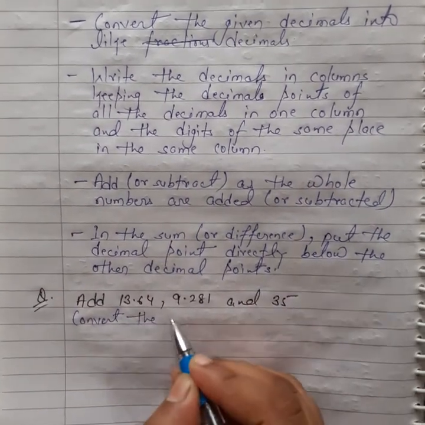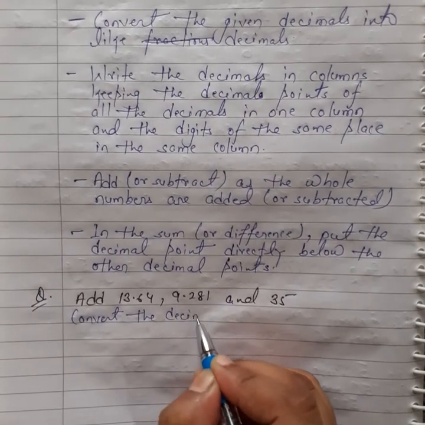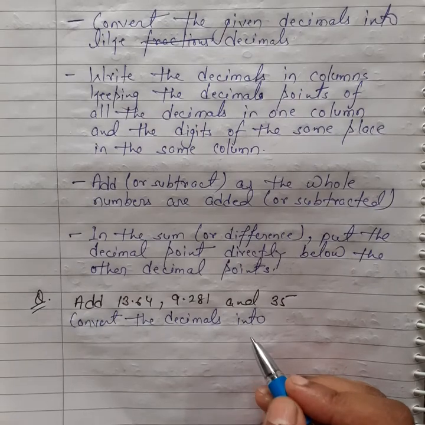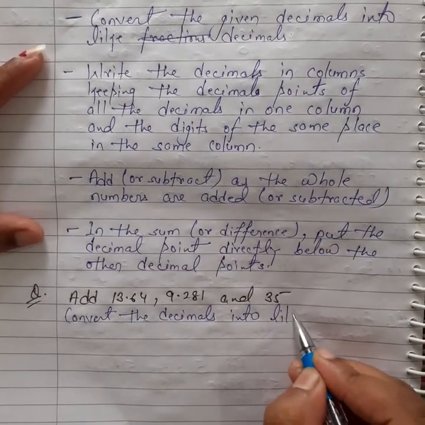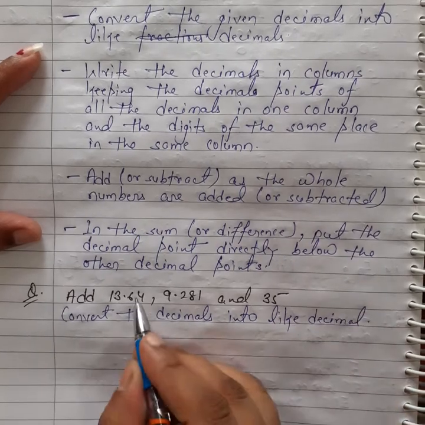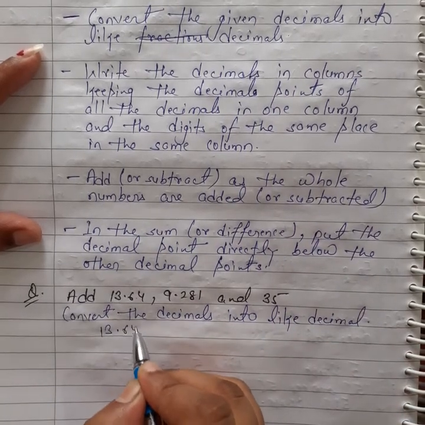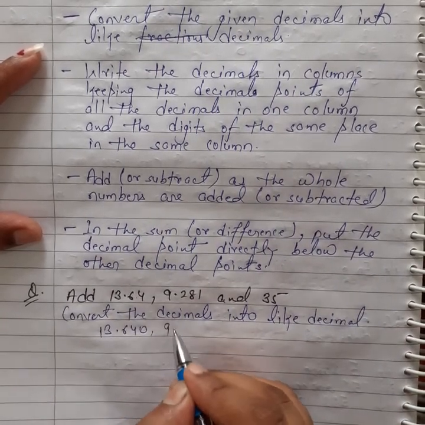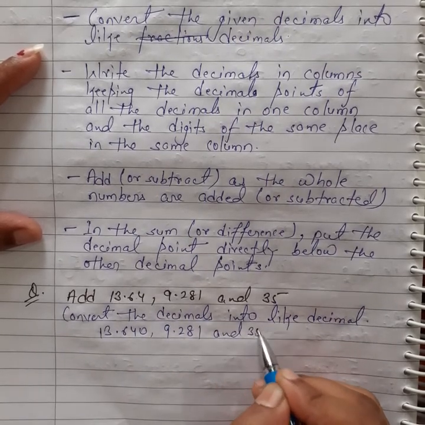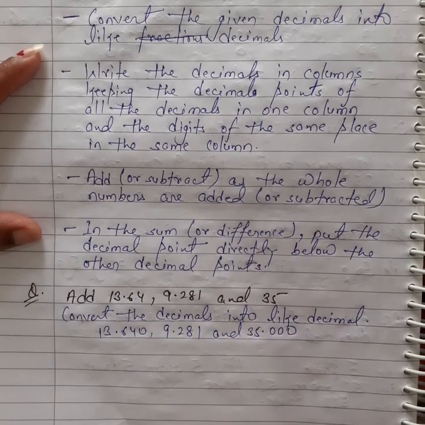So first convert the decimals into like decimals. So it becomes 13.640. This is 9.281 and it becomes 35.000.